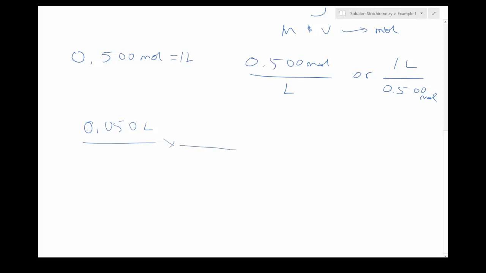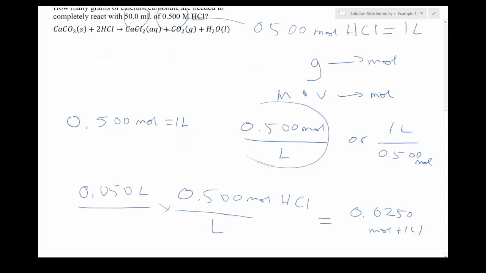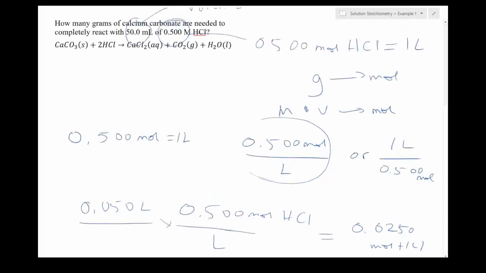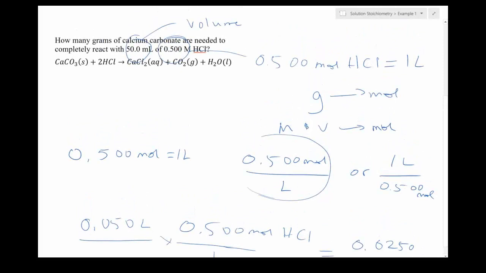And you can see that we're going to have to use one of these conversion factors, and we're going to use this first one. So if we do 0.500 moles of HCl per liter, this gives us 0.0250 moles of HCl.